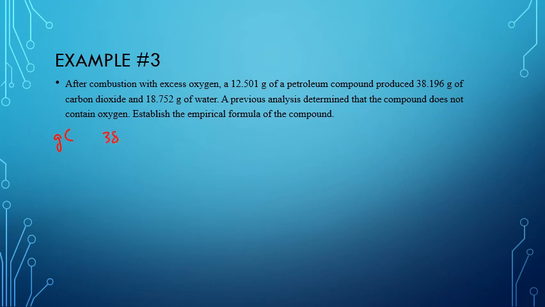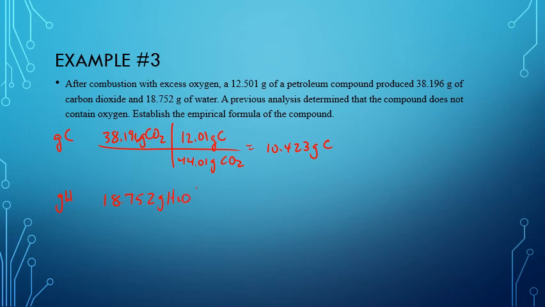So I'm going to take the 38.196 grams of CO2 and I'm going to multiply it by 12.01 and divide it by 44.01 grams. So typing that into our calculator, we have 10.423 for our grams of carbon. For my grams of hydrogen, we have 18.752 for the grams of water.